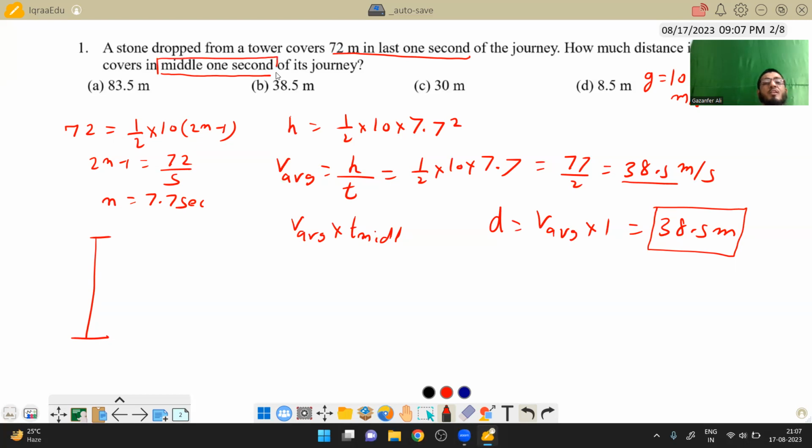So in the middle 1 second, it will travel the distance V average multiplied by 1. Is this clear? Yes, sir. Yes, Arna. Middle of the journey. Clear? Yes. New concept for everyone, I think so.